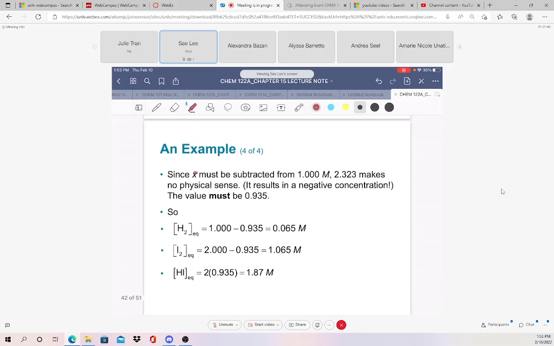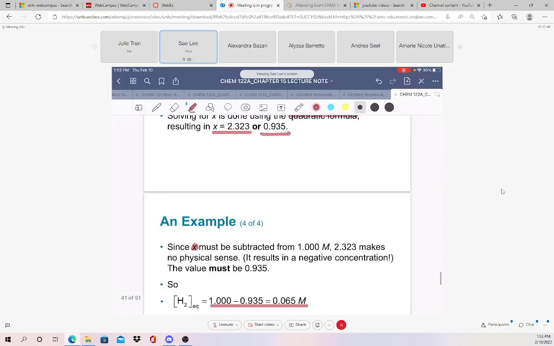Since x must be subtracted from 1 molar in order to find the concentration of hydrogen, the number 2.323 makes no physical sense, because a negative concentration doesn't make any sense. So the value that makes more sense is the value lower than 1, which is 0.935.